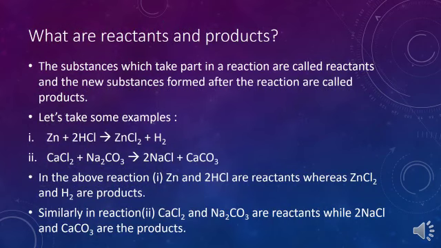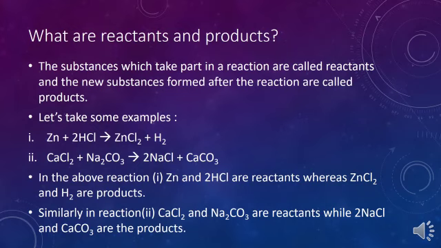Now, let me define what are reactants and products. The substances which take part in a reaction are called reactants, and the new substances formed after the reaction are called products. Let us take some examples. Number 1. Zinc plus hydrogen chloride gives zinc chloride plus hydrogen. Second reaction, calcium chloride plus sodium carbonate gives sodium chloride and calcium carbonate.